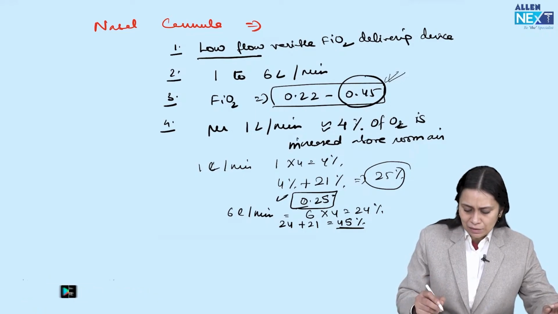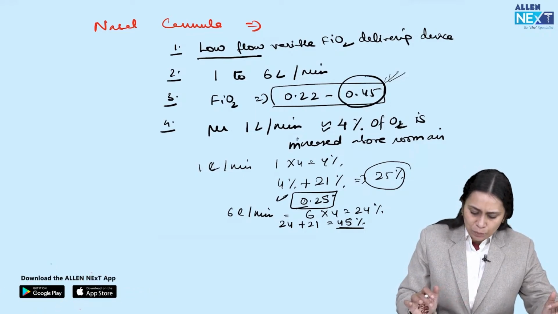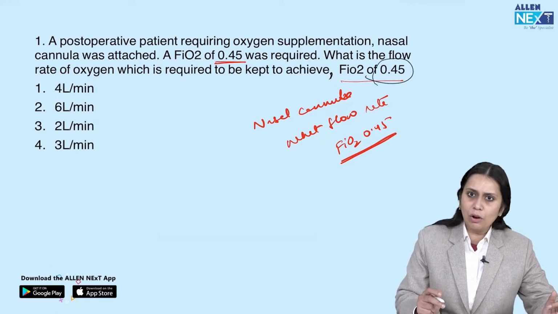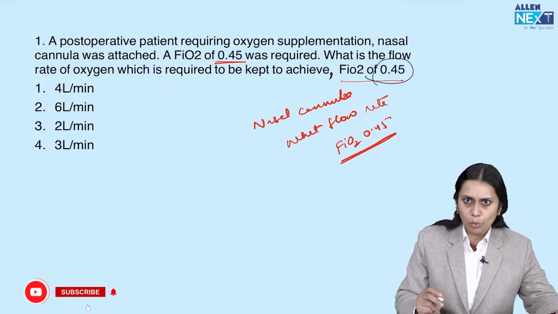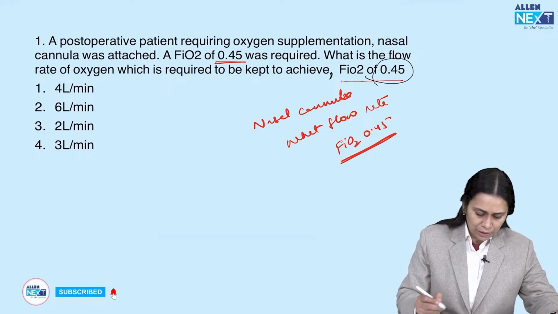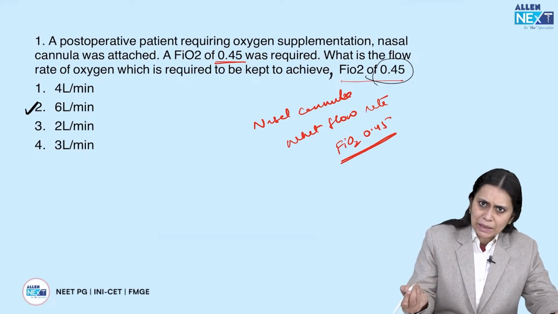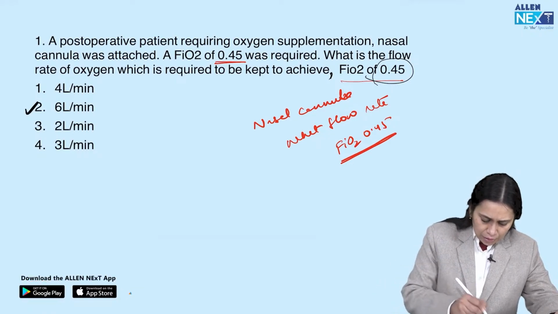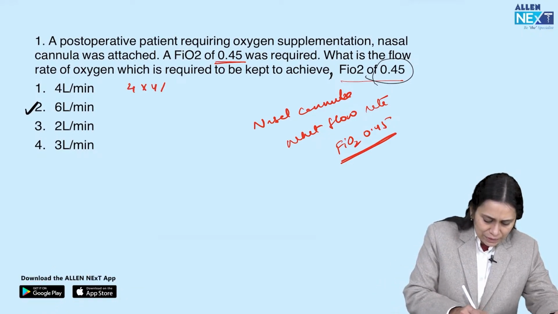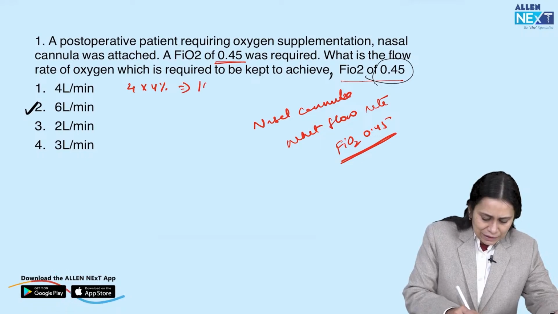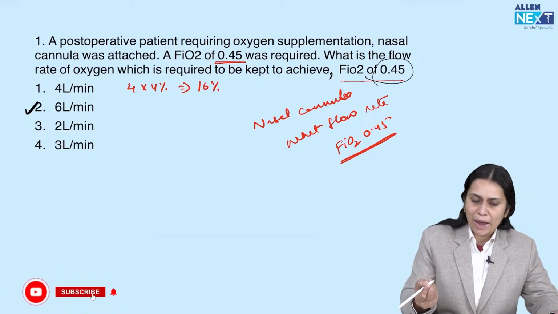And so what is the question? We need FiO2 of 0.45. What should be the flow rate which we need to keep in this patient? So definitely the answer is 6 liters per minute. If I keep the flow at 4 liters per minute, 4 into 4%, that is 16% above the room air concentration.